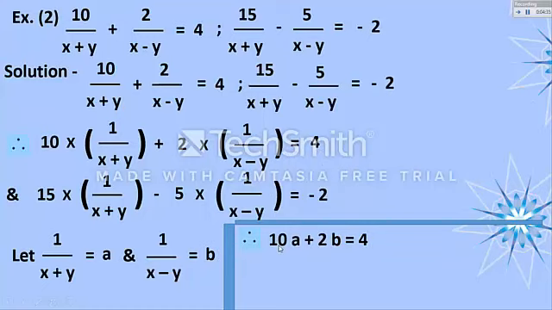Here the coefficient of a is 10, the coefficient of b is 2 and the constant is 4. Which number divides all of these? That is 2 divides each number.